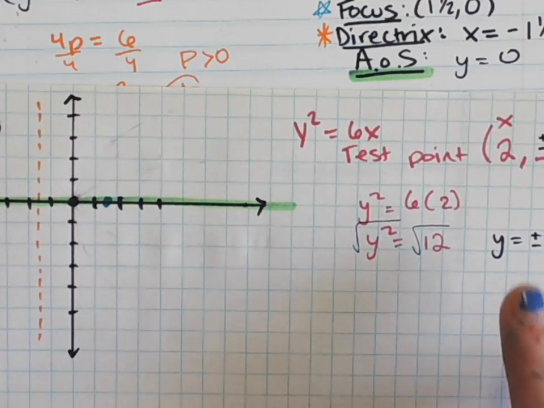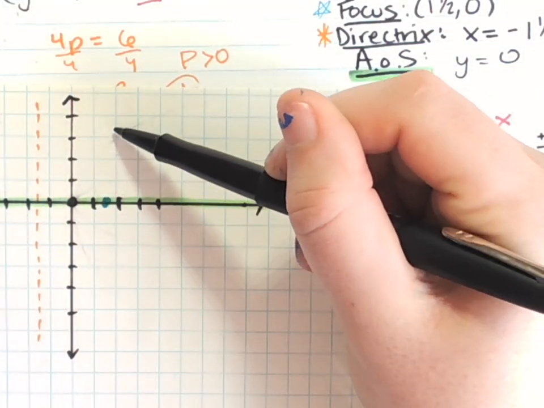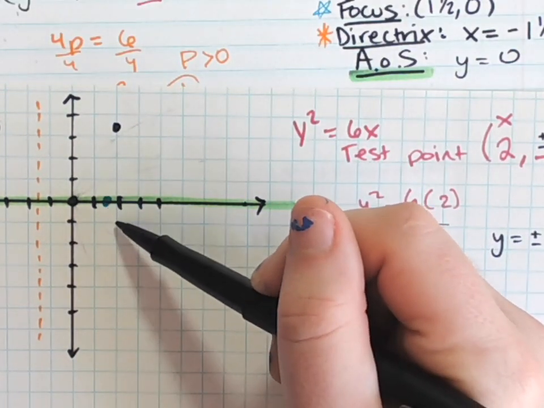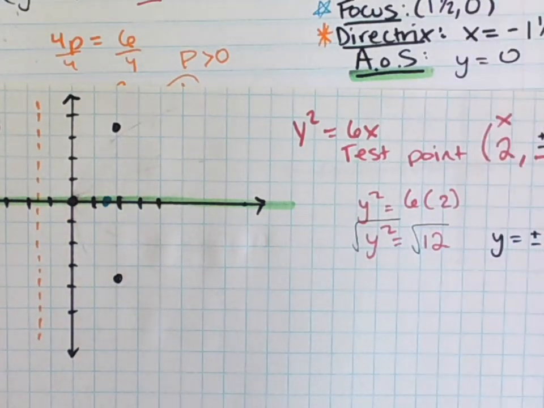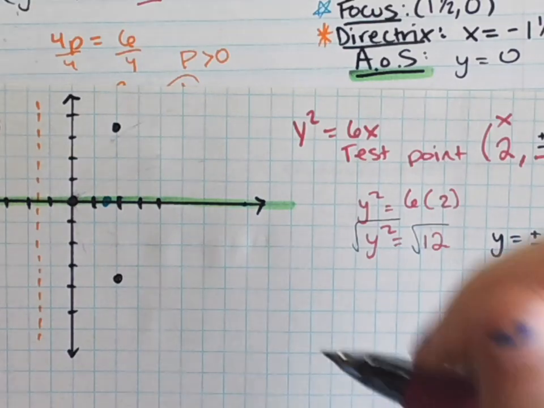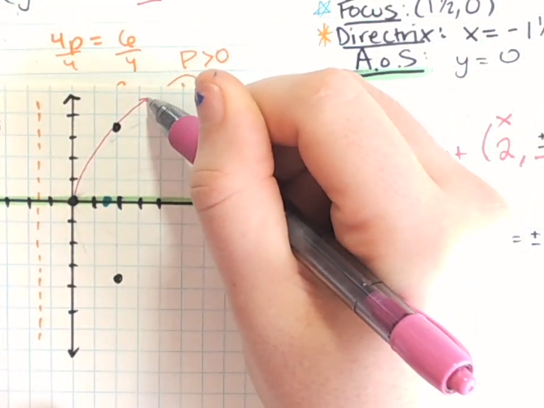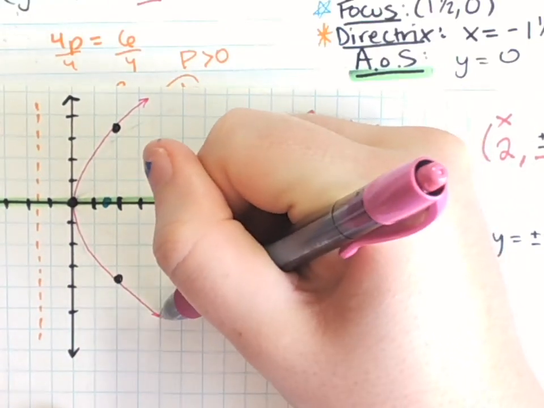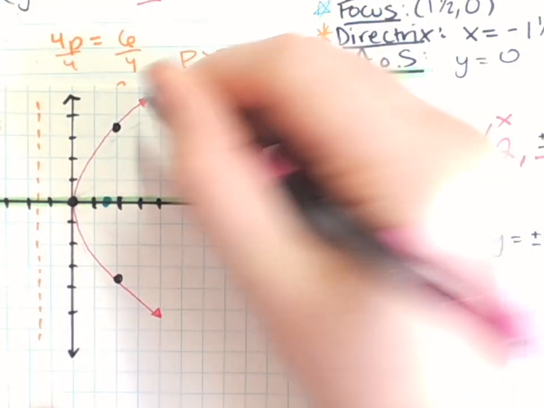So at x equals 2, it can go up 1, 2, 3.5 there, or down 1, 2, 3.5 here. So when I sketch my parabola, I now know it's going to pass through this point and this point. You got to test a point to make sure you know how steep to draw your parabola.